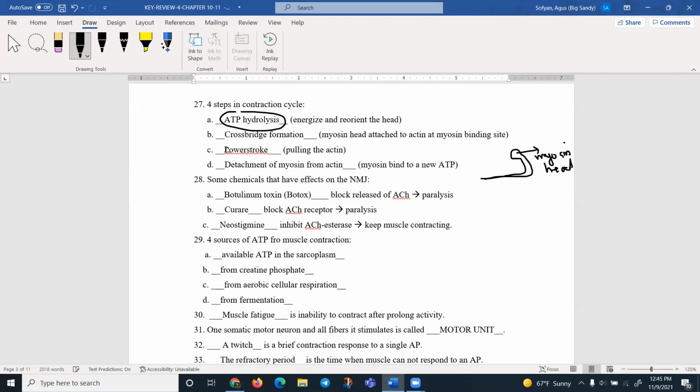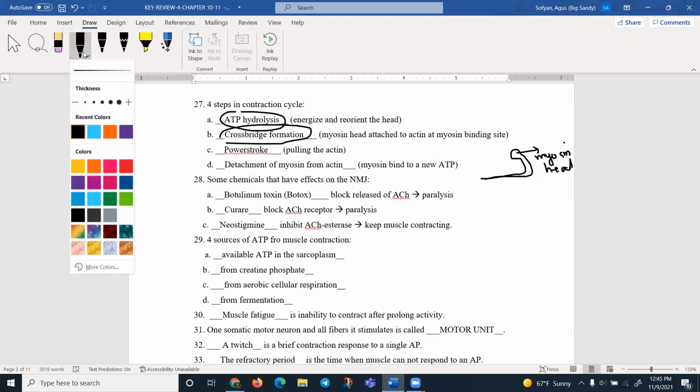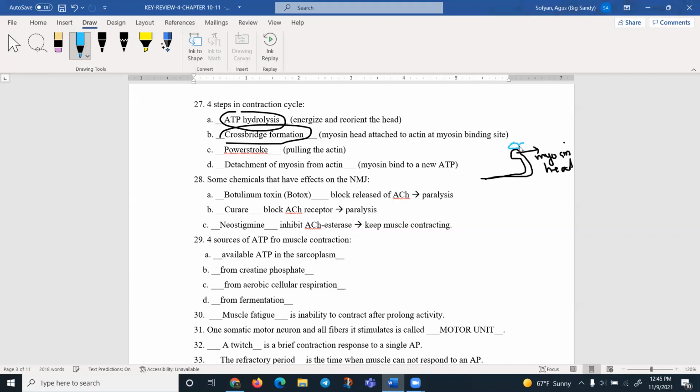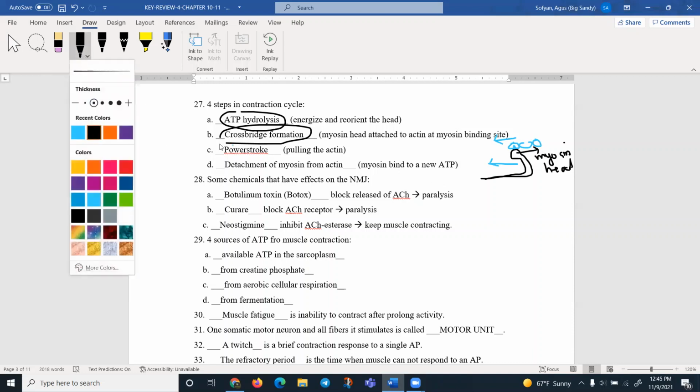Then it makes the cross bridge, which is the attachment of the myosin head to the actin. After that, this myosin will pull the actins to this side, to the middle. And this is what we call the power stroke.